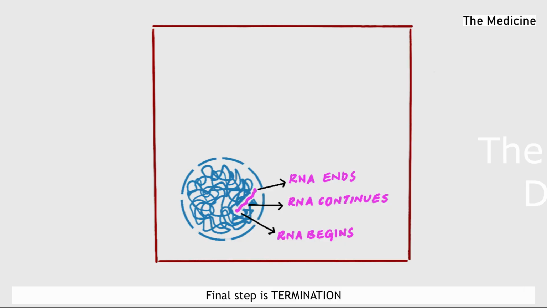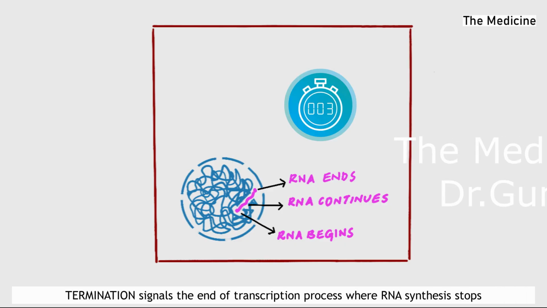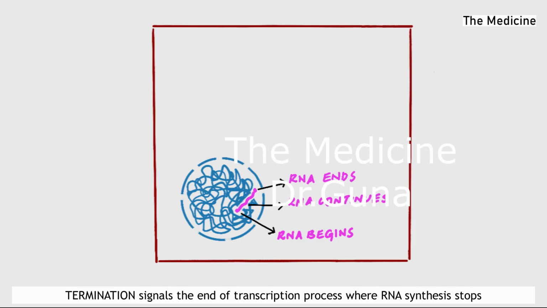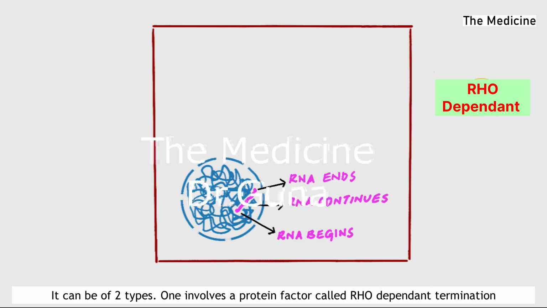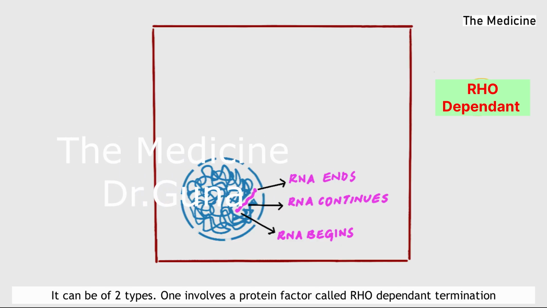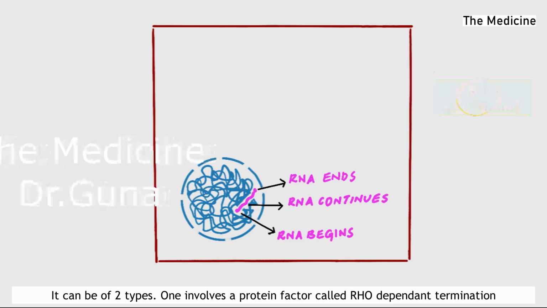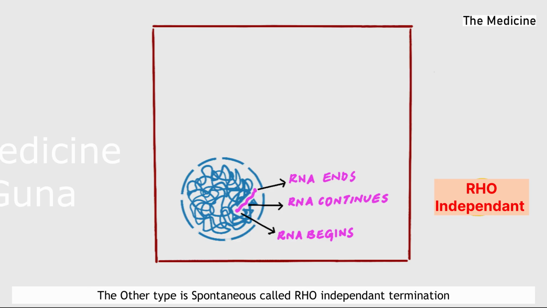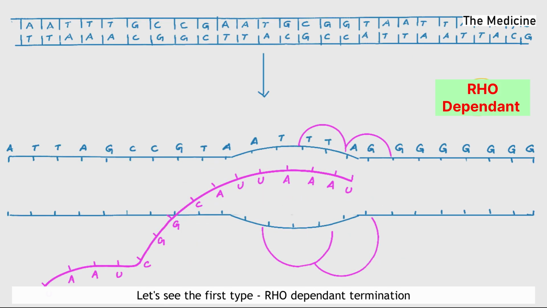The final step is termination. Termination signals the end of transcription process where RNA synthesis stops. It can be of two types. One involves a protein factor called rho-dependent termination. The other type is spontaneous called the rho-independent termination. Let's see the first type, rho-dependent termination.